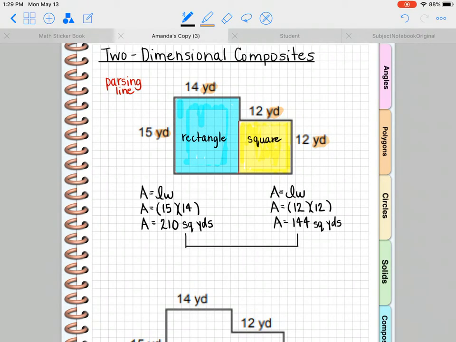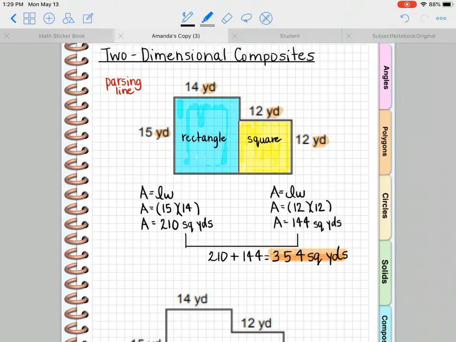I'm going to add those two pieces together. 210 plus 144 gives me a total area of 354 square yards.